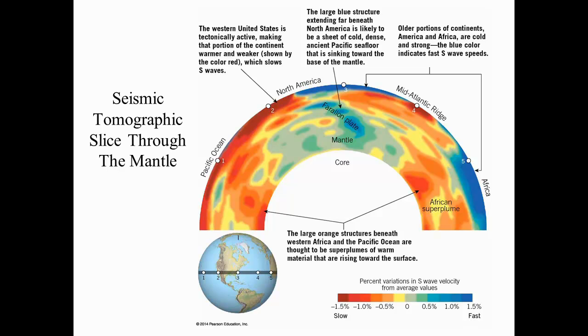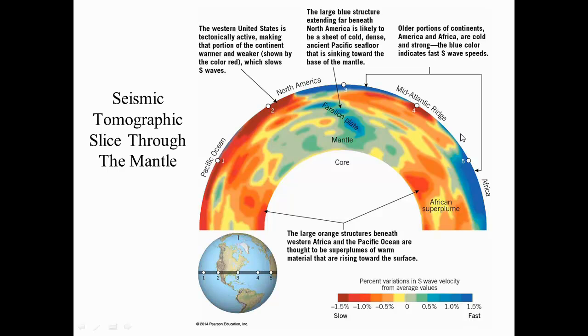But anyway, this just basically shows how temperature differences can be distinguished based on the changing velocity of S waves and P waves. And this allows us to generate CAT scans of Earth's interior, and from there we make all these different interpretations based on the patterns we can see.